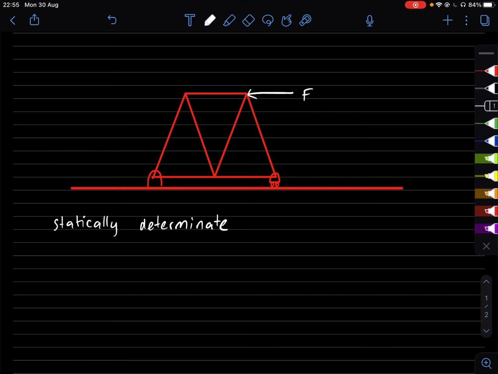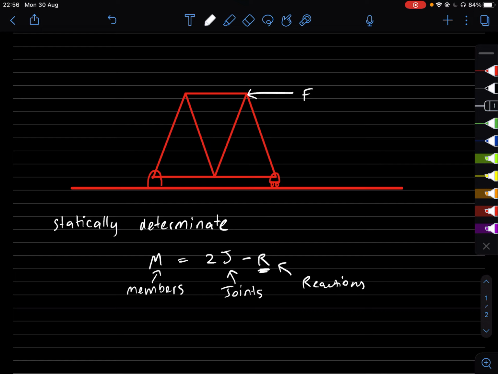And that formula is m equals 2j minus r, okay? And what do these variables stand for? Well, m stands for members, j stands for joints, and r stands for reactions. Okay, so this r is what we just discussed previously.